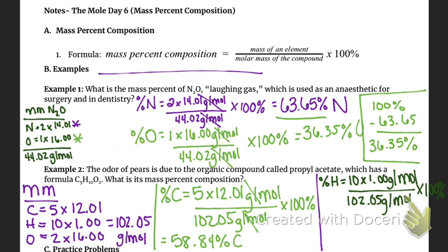And we're multiplying by 100. So when you set that up to solve, I got an answer of 9.80. So hydrogen is a very small component of this compound. Yes, there's 10 of them, but individually mass-wise, it contributes very, very little.